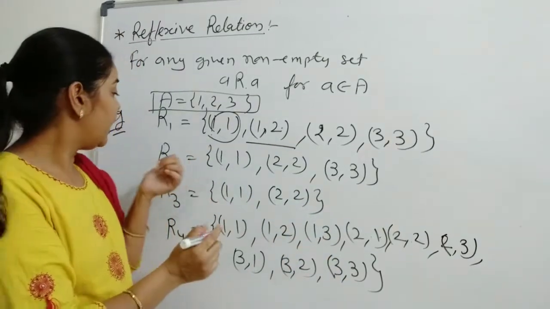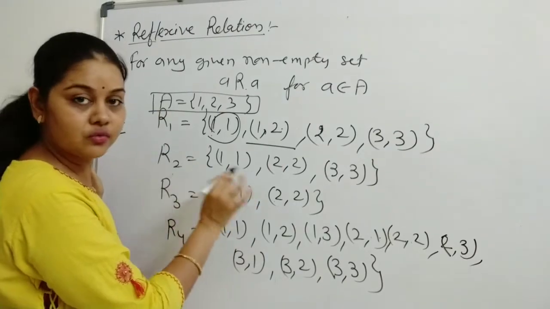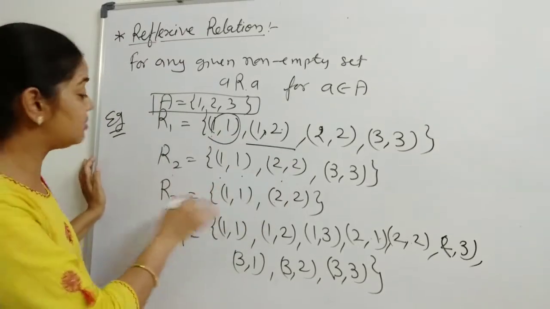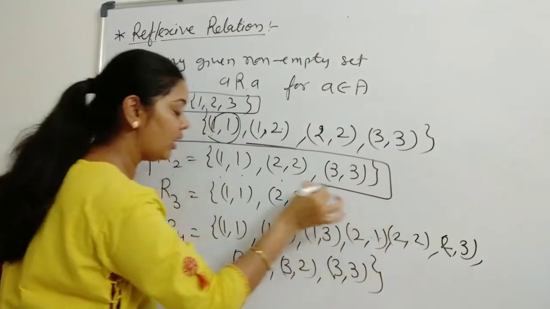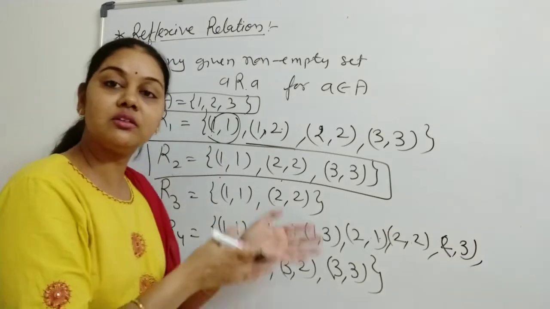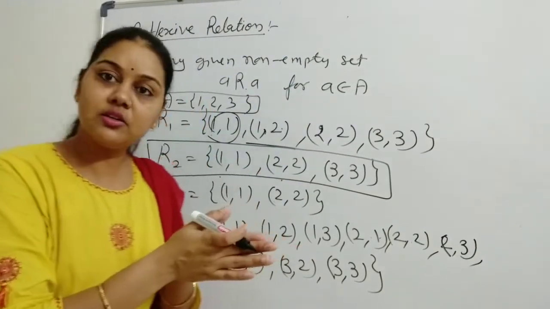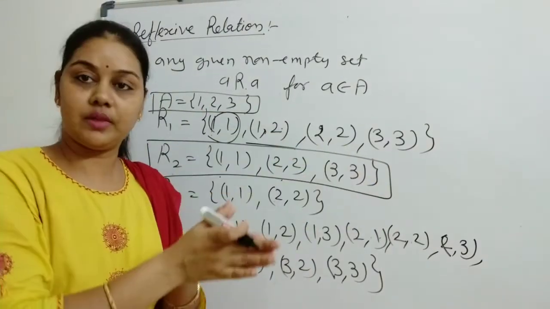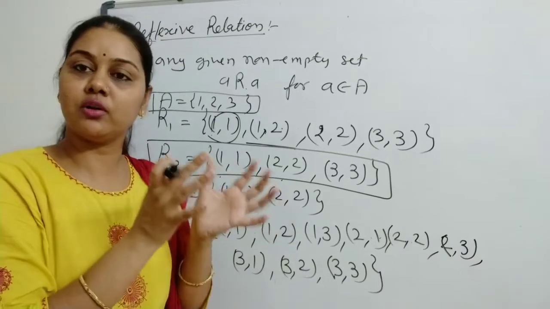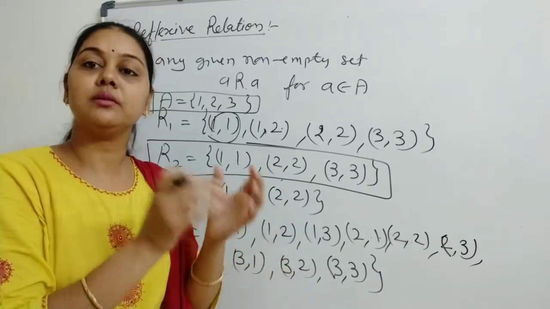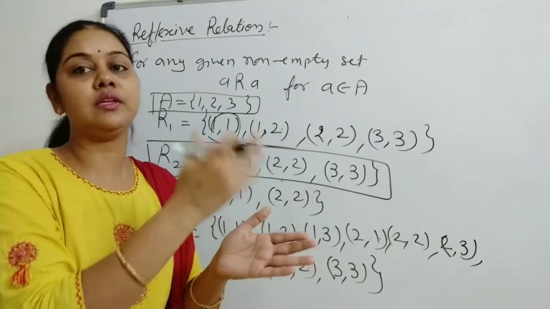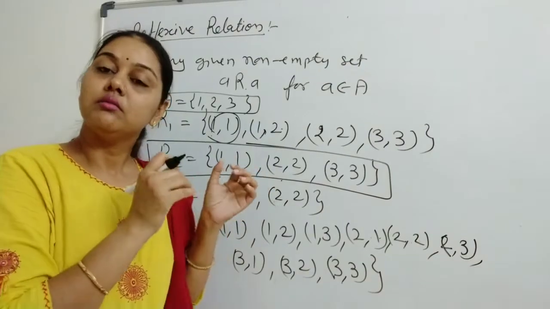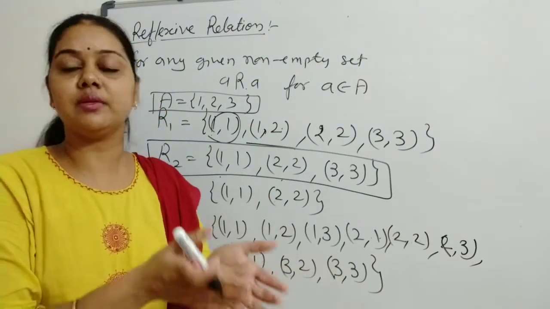That's clear? In R2, look here, 1 is related with 1, 2 is related with 2 and 3 is related with 3. This relation is reflexive as well as an identity relation. In an identity relation, we only have those ordered pairs where the first element is related with itself. But in a reflexive relation, there may be many other elements too.